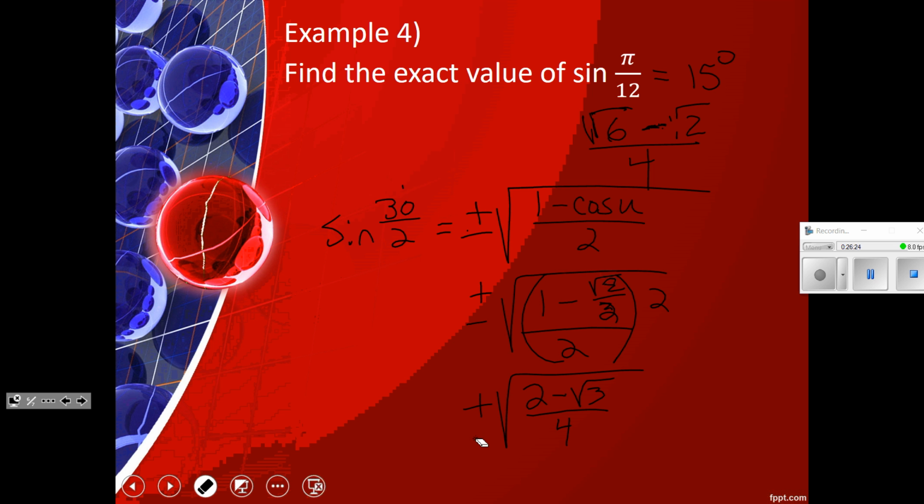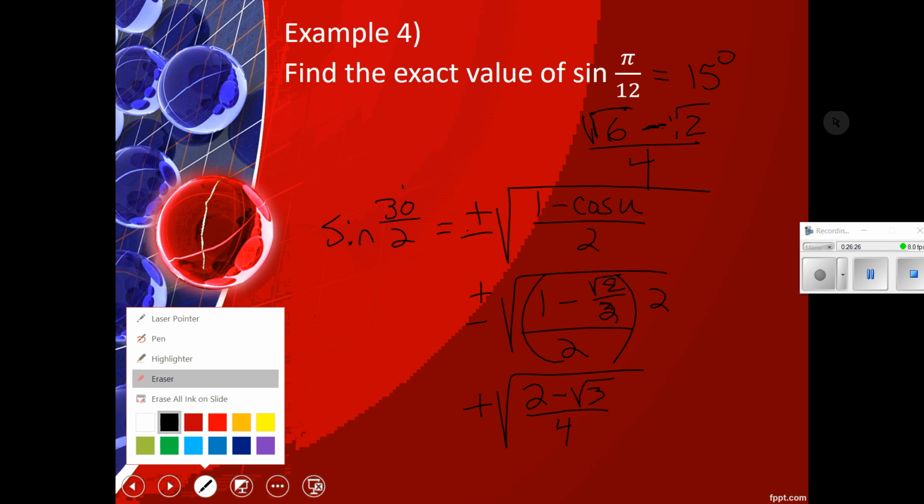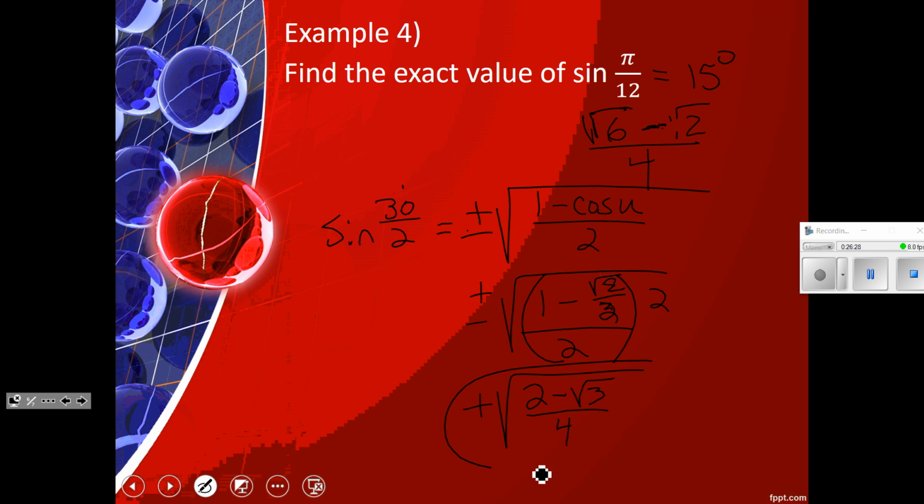Okay? So I know these look totally different. First of all, put in the sine of 15, get your decimal. Secondly, put in square root of 6 minus square root of 2 in parentheses divided by 4. Then put in what we got down here, the square root of 2 minus the square root of 3 in parentheses divided by 4.